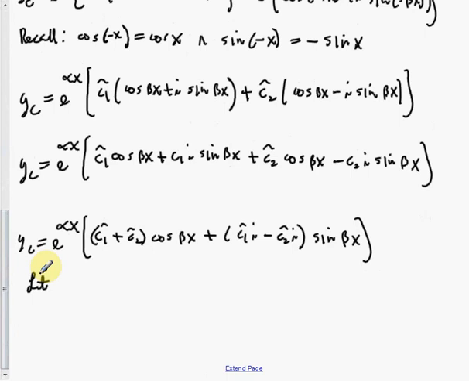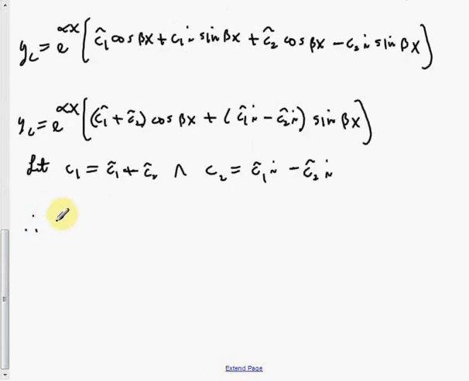So this c sub 1 hat plus c sub 2 hat is a constant, and then this second term over here is a constant. So I'm going to represent them with constants that we already know. So let c sub 1 equal c sub 1 hat plus c sub 2 hat. And let c sub 2 equal c sub 1 hat i minus c sub 2 hat i.